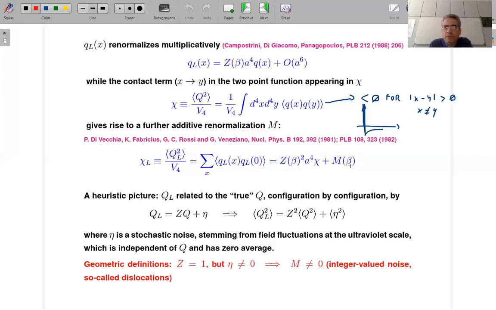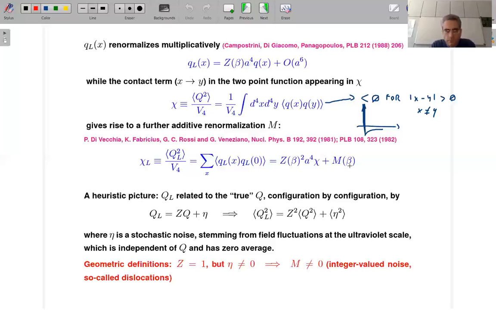Exactly. The additive renormalization is actually divergent in the continuum. Exactly. That's why it looks to me, at least in my naive understanding, that the Z constant will just go away in the continuum limit, because, as you said, in this geometric definition, we don't have it at all, indeed.